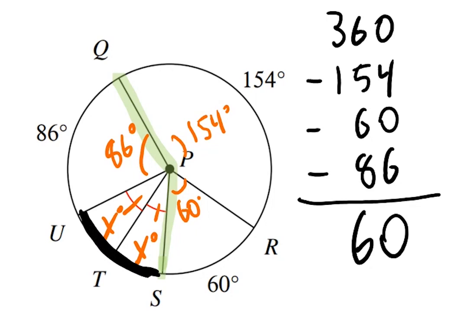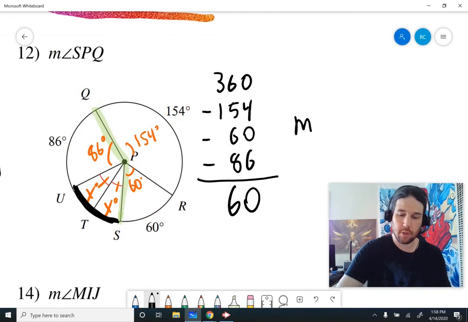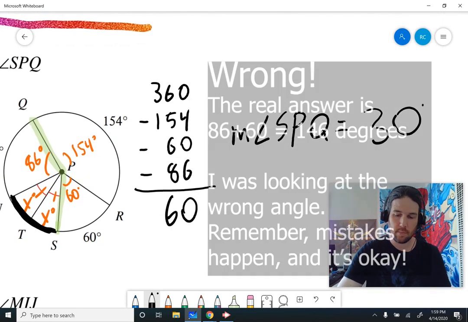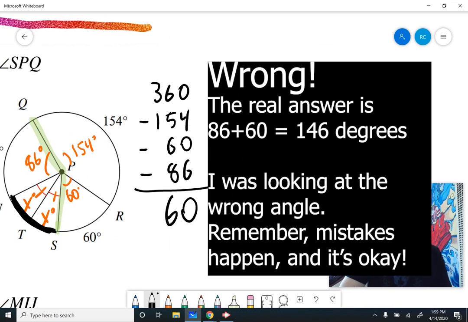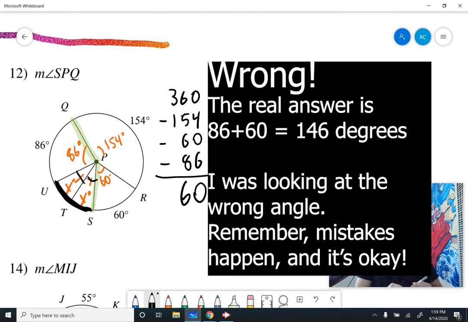Since those two are each equal, the actual answer, the measure of angle SPQ, is 30 degrees. You got to divide it by 2 because there are two angles that are congruent to each other. That's number 12.